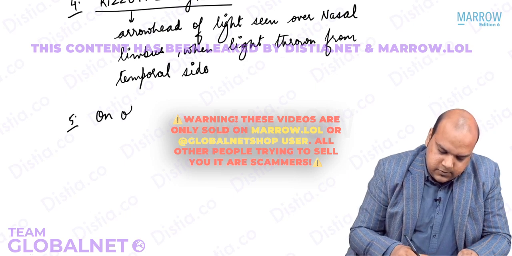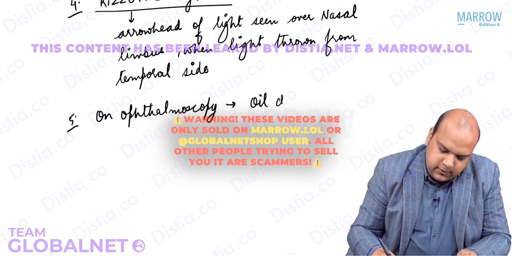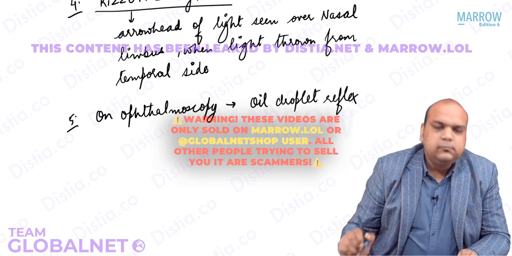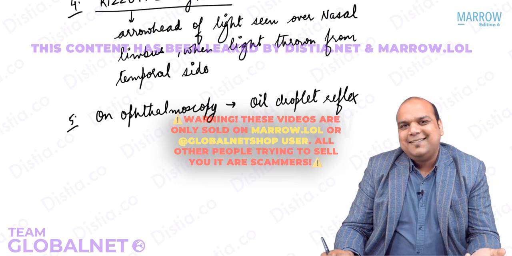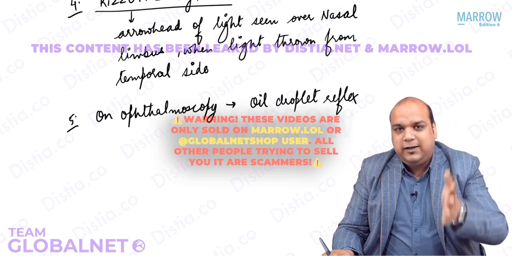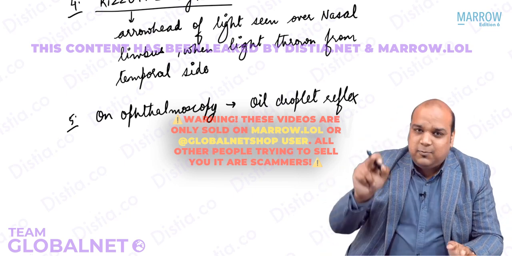On ophthalmoscopy, we see something which is called the oil droplet reflex. Very easy to understand, guys. The cone will throw a shadow. When you're trying to look at the fundus, the apex of the cone will throw a shadow in the form of a circle.